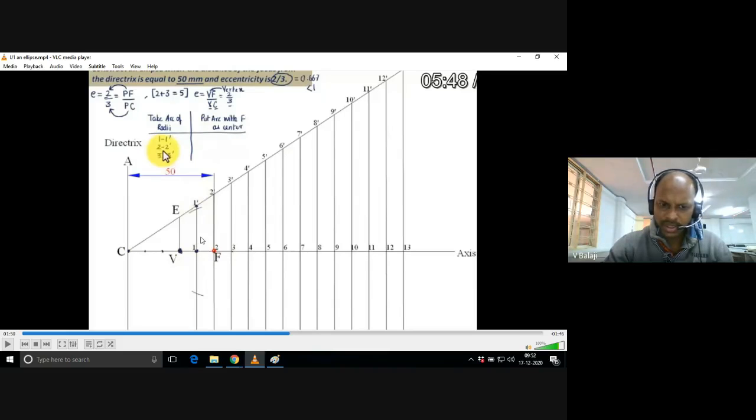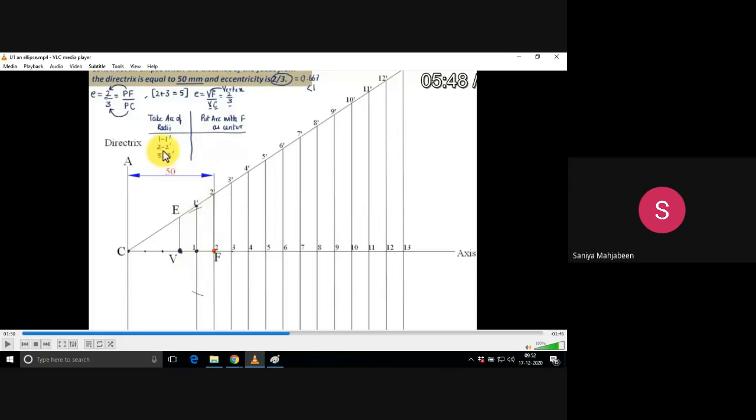Yes, it may not be equal. I have shown you some equispaced lines, but you can choose one point here, a second point here randomly. The distance between 1 and 2, 2 and 3, 3 and 4 need not be the same. If you are interested in taking equal distances, you can, no issue. Okay, sir.